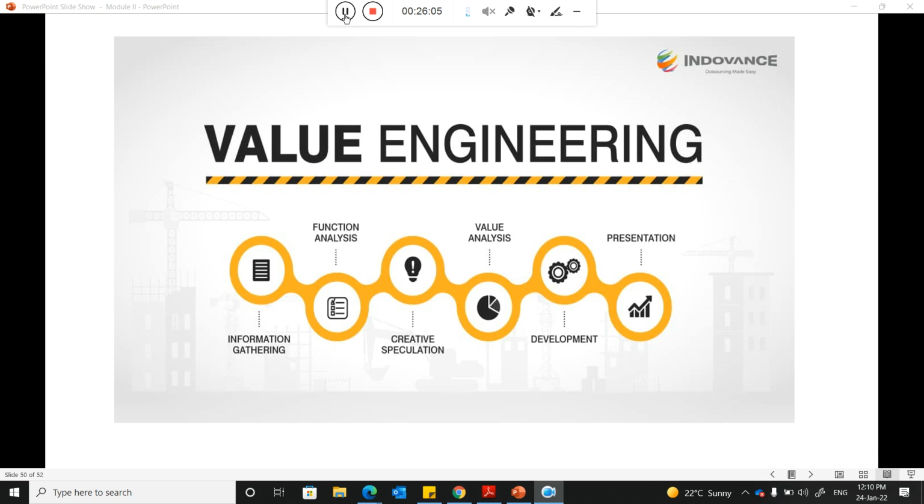The next step is creative speculation. Then you can do the value analysis, develop the new product, and present it to your management, and then you can apply it again. It should be accepted, and only then can you actually implement it in real life. So this is all about value engineering.